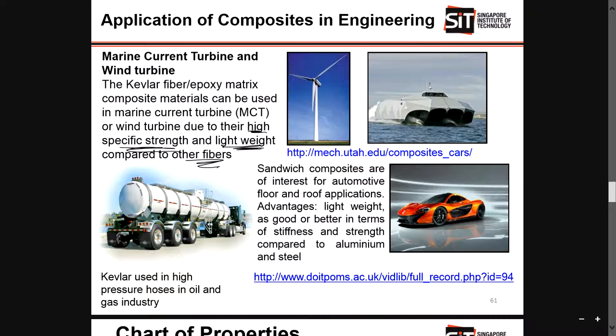I think the Kevlar fiber epoxy matrix, so you have to know the names. You use the Kevlar fiber and epoxy matrix in order to make this type of wind turbine, marine wind turbine. And so you can see often it's talking about lightweight again, good stiffness, high strength, and things like that.